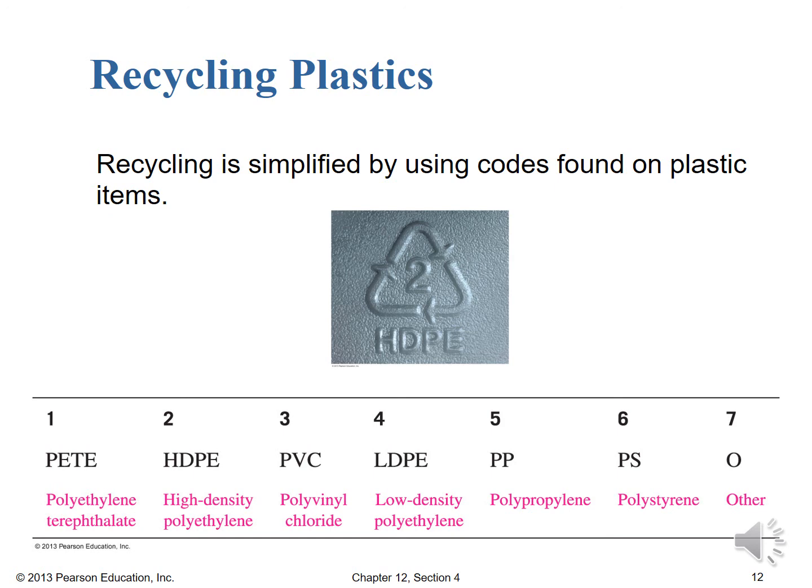So low density polyethylene is number 4. Number 5, abbreviated as PP, is polypropylene. Number 6 is polystyrene. That one I don't think we do too much with, at least not so far in most areas. And then 7, other, typically are not recycled unless you have a large quantity and happen to know what it is and can find someone who's willing to recycle it.